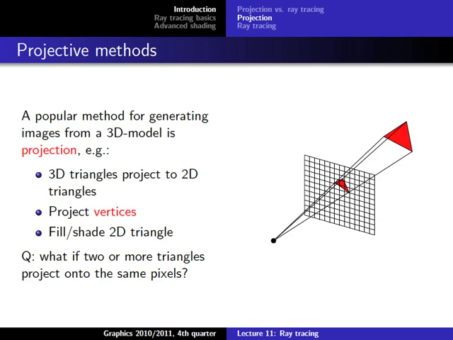Then we project it towards the screen, and then we put some color on it, so we make a so-called shading. At the beginning, I also asked you what happens if you have more triangles that are mapped onto the same pixel. And you already knew that you only draw the one that is closest to you. But now, hopefully, you also know how to do that, namely with a z-buffer, for example.